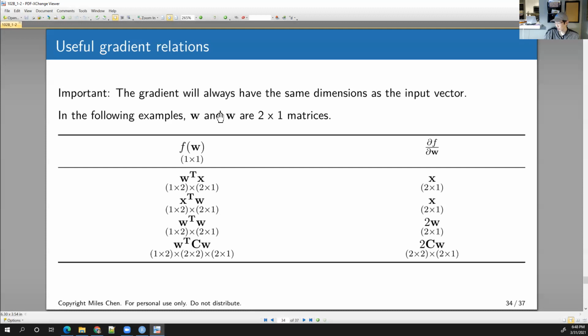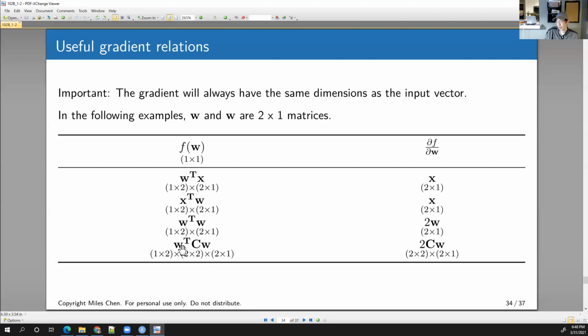It says W and W, it should say X and W. So if you have W transpose W, then the gradient is going to be 2W. This is almost like W squared. In the same way, the derivative of X squared is 2X. The gradient of W transpose W is going to be 2W.